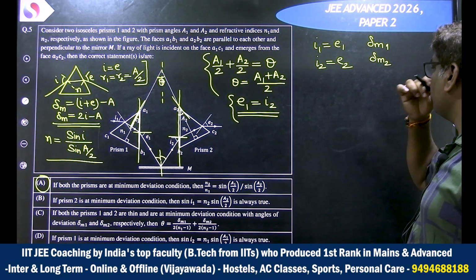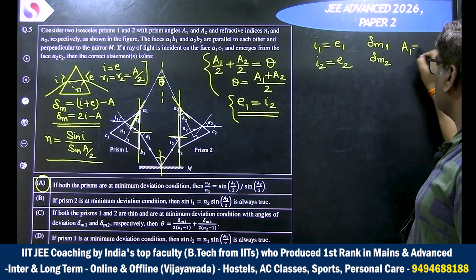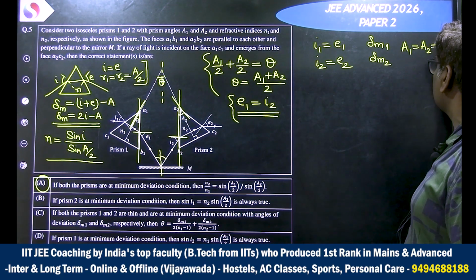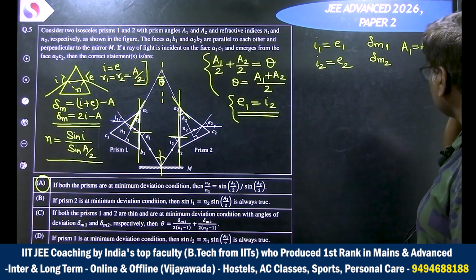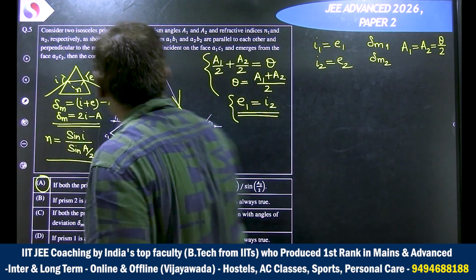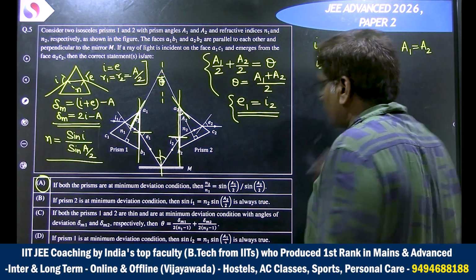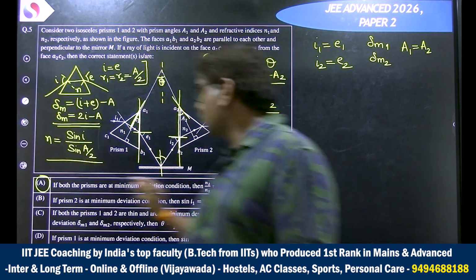If I1 and E1 are equal, that means A1 and A2 are also equal, which is equal to theta, not theta by 2, theta. So this much we know for these two conditions.